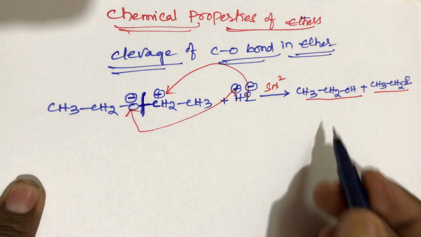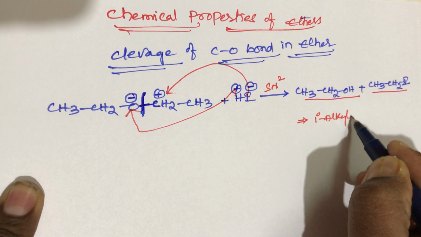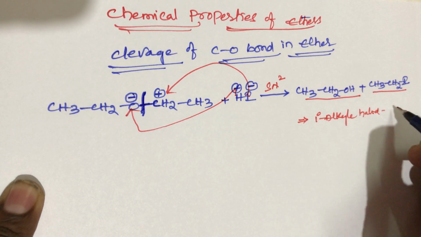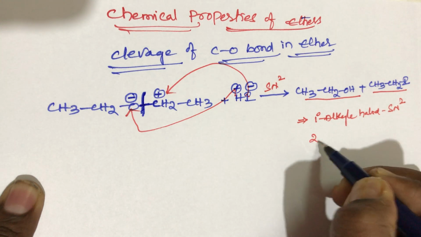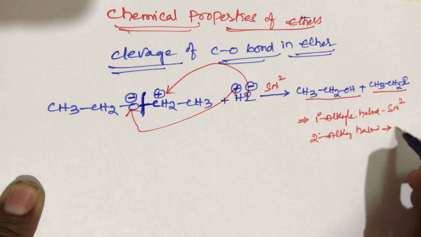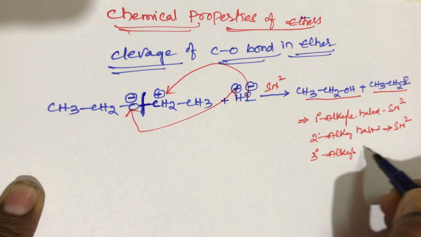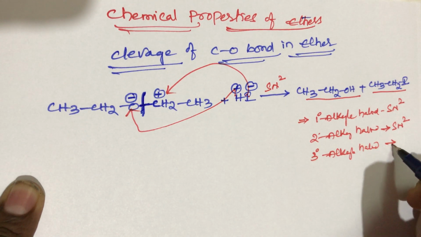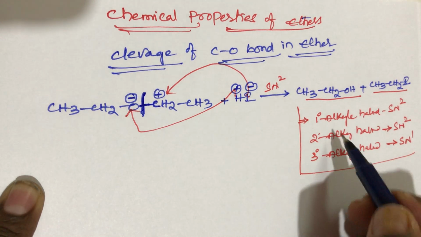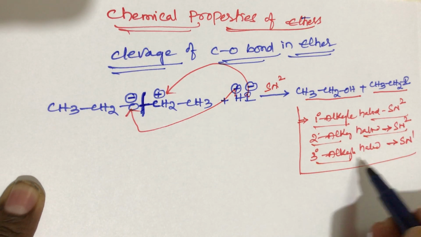I will give some key points: primary alkyl halides follow the SN2 mechanism, and secondary alkyl halides also follow the SN2 mechanism, but tertiary alkyl halides follow the SN1 mechanism. We follow this simple trick.